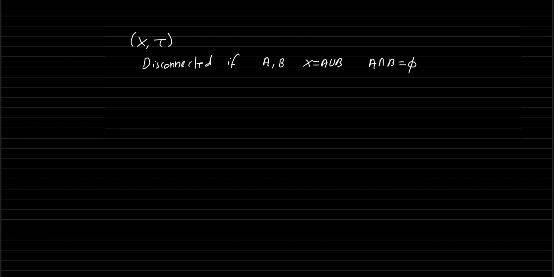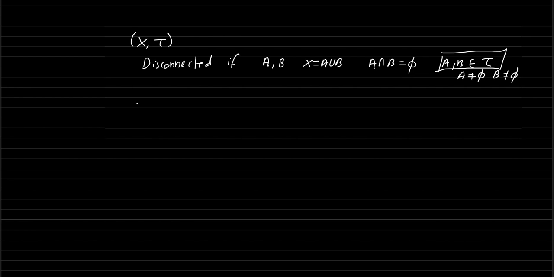Here A and B belong to τ, and both of these are non-empty sets. So if there exists such a pair of open sets A, B in τ, then we say that X is disconnected. A space X is disconnected if there exist two non-empty disjoint open sets A, B in τ such that X is equal to A union B.